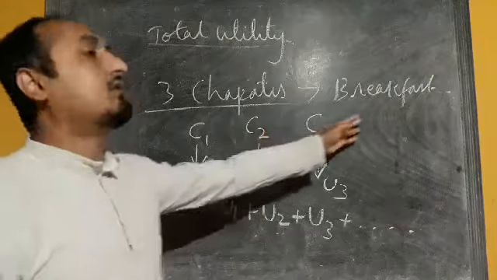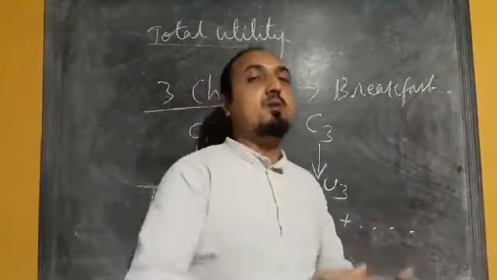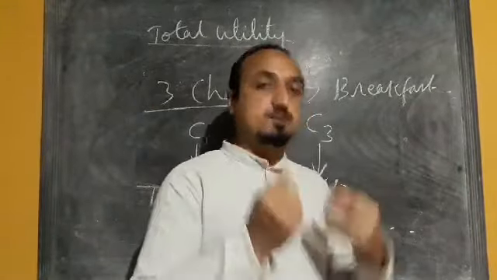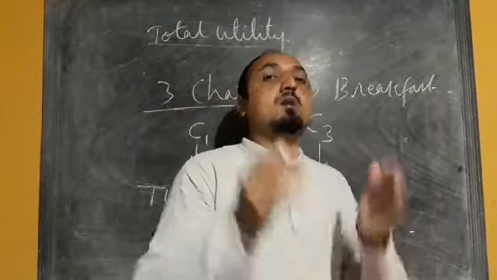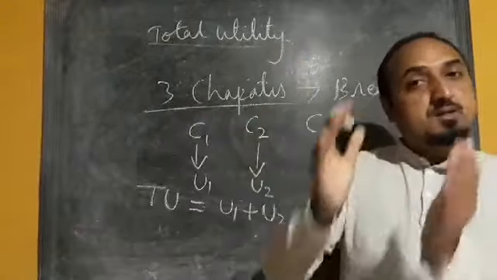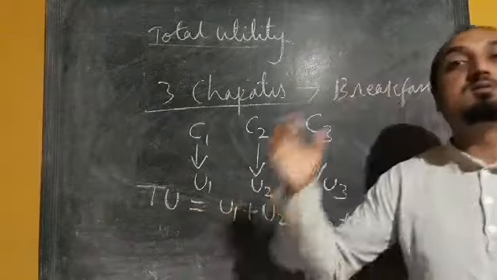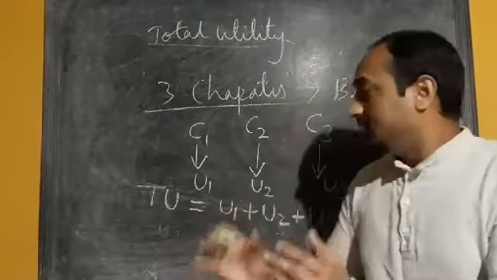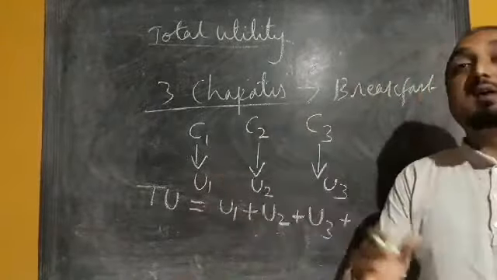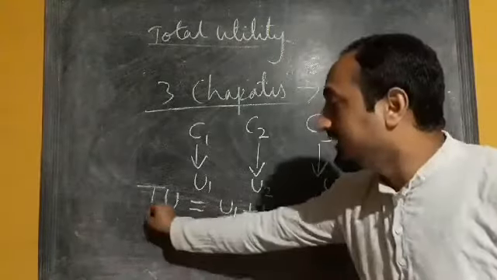If you have more chapatis or any other items you are consuming, whatever satisfaction you obtain from each and every unit, if you add all the utility derived from different units of commodity, you will get total utility.